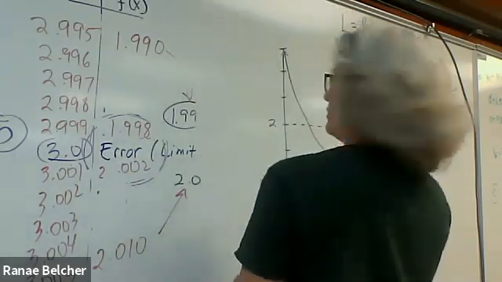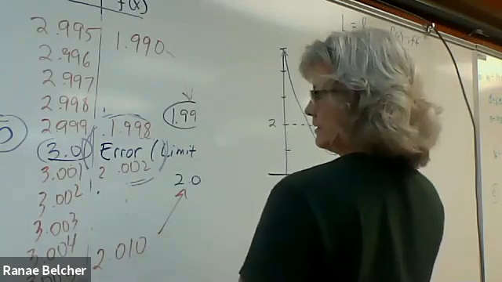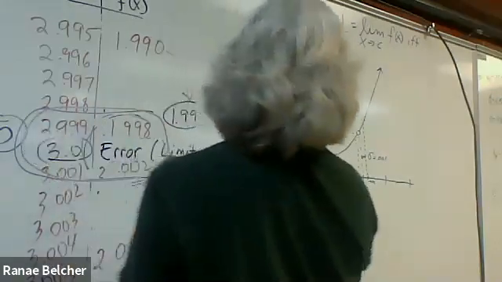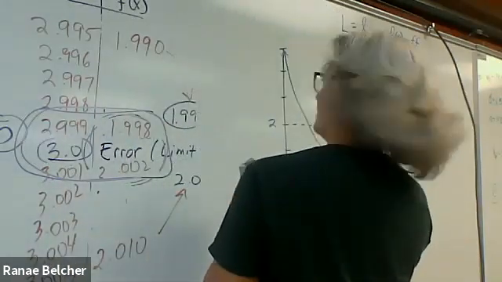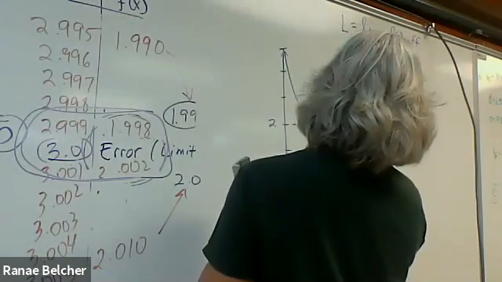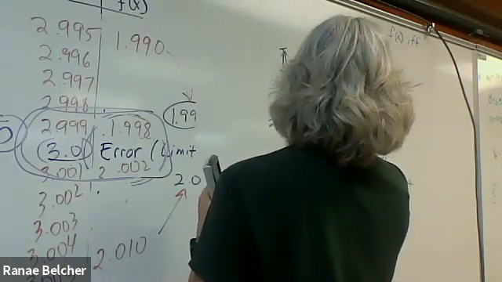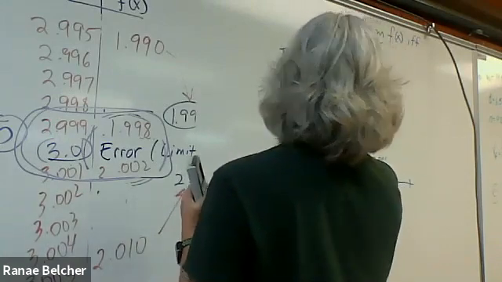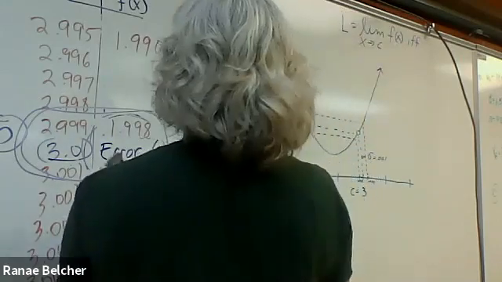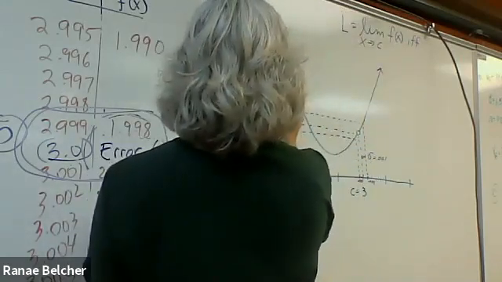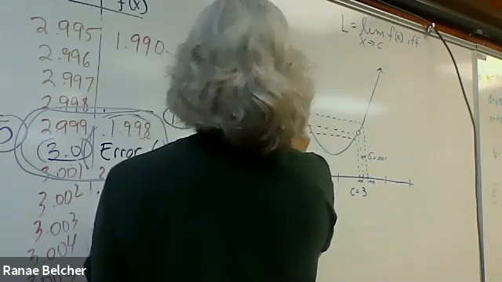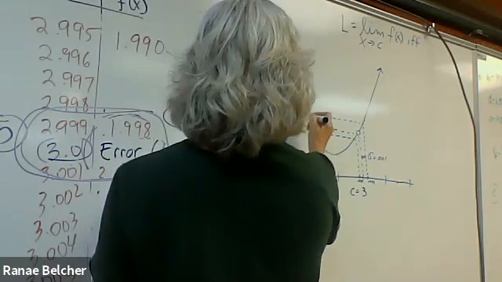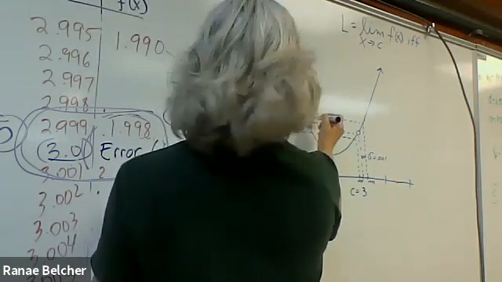So we went to 3.001. We're looking at this right here. 3.001 and 2.999. Okay, and the y values that corresponded to that are these right here. Mine's not very to scale, which is 2.002 and 1.998. And so we had a difference here. We call that an epsilon of 0.001.